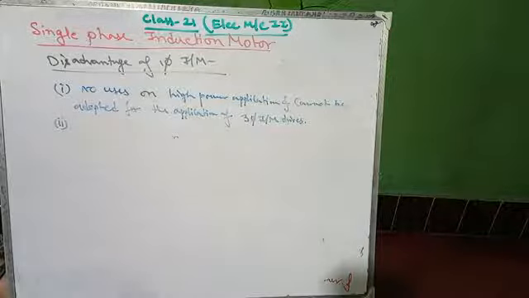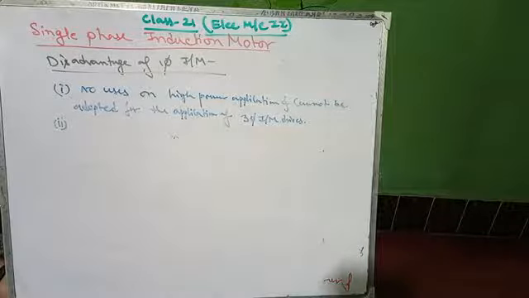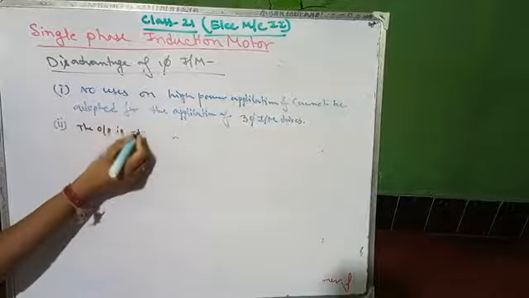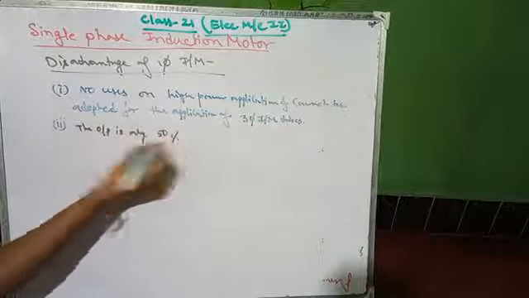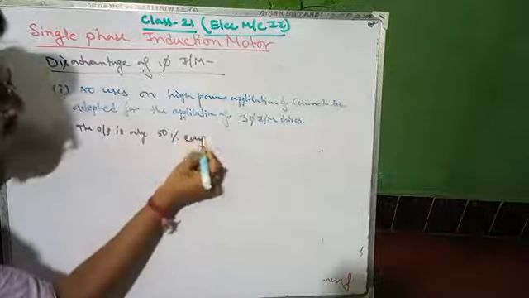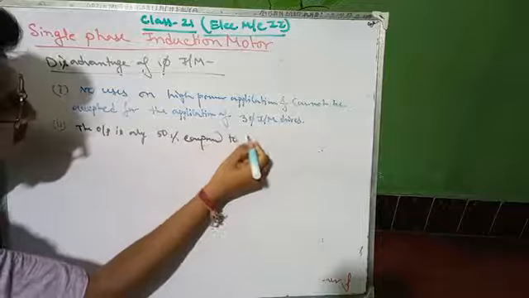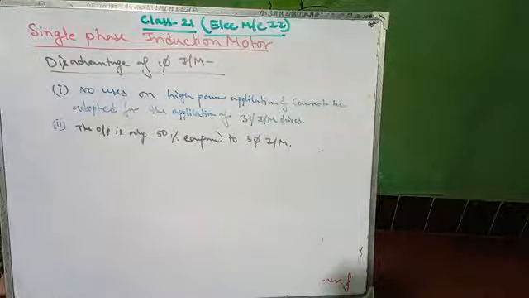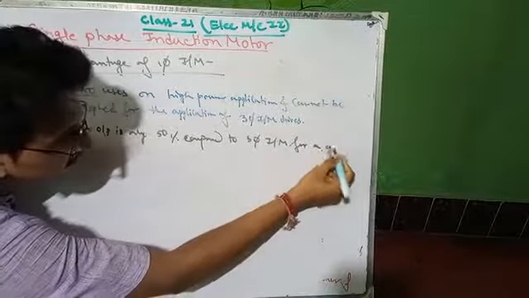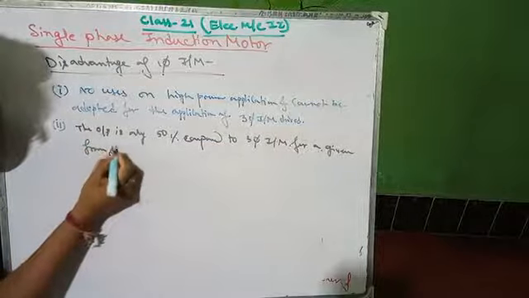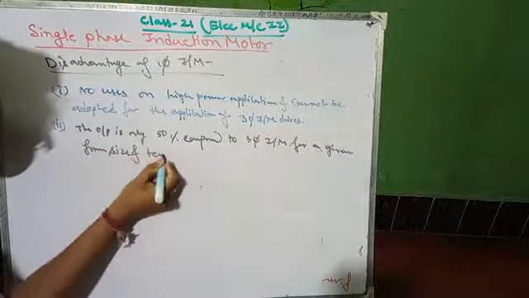Roman 2. Their output is only 50%, which is the most important disadvantage. The output is only 50% of a three-phase induction motor for a given frame size and temperature.